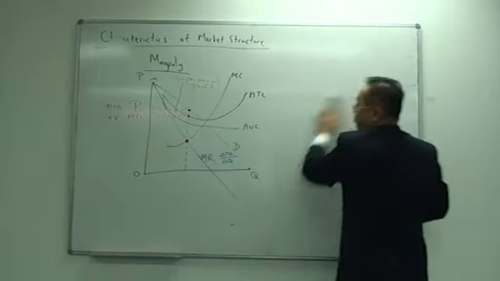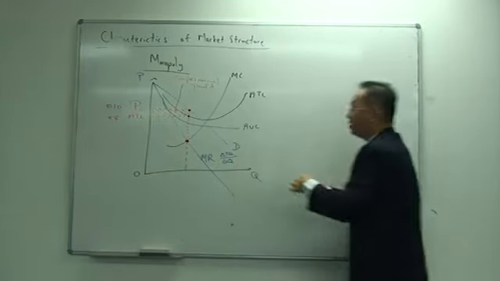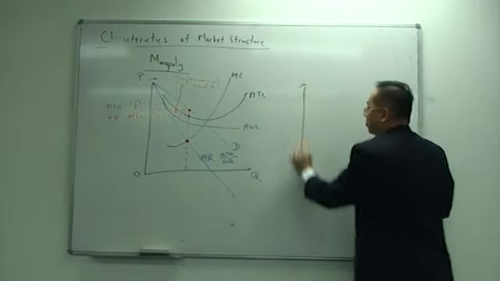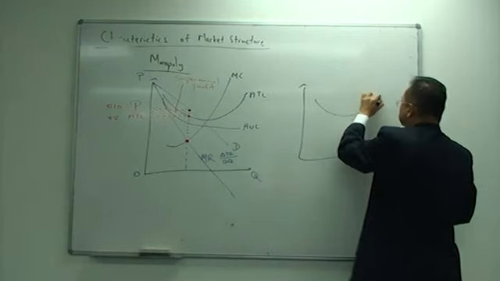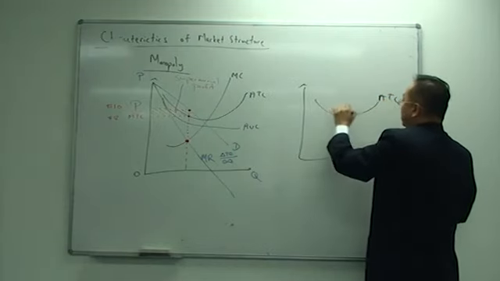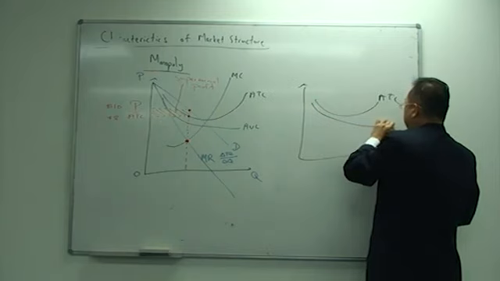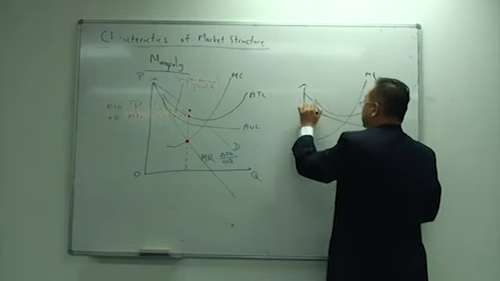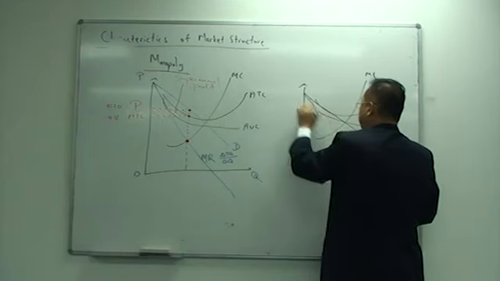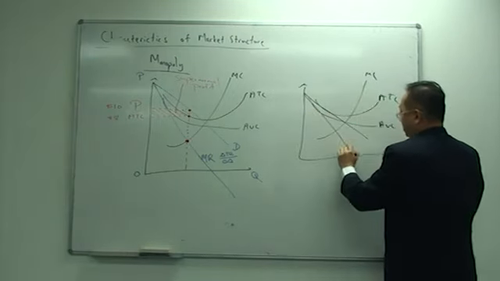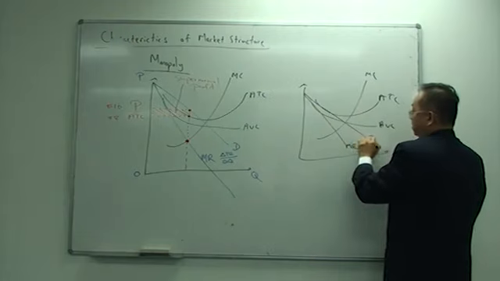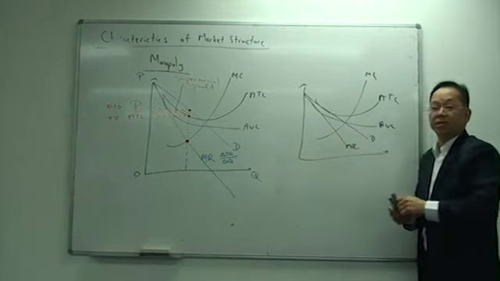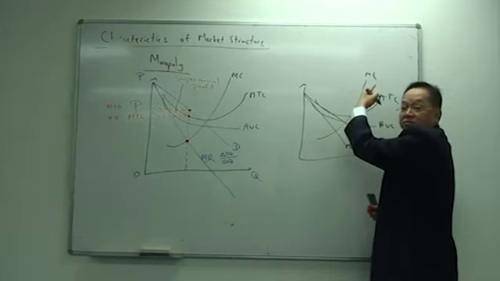Okay, quickly we do, this is called supernormal profit. We can also have monopoly. Again, marginal revenue equals marginal cost.